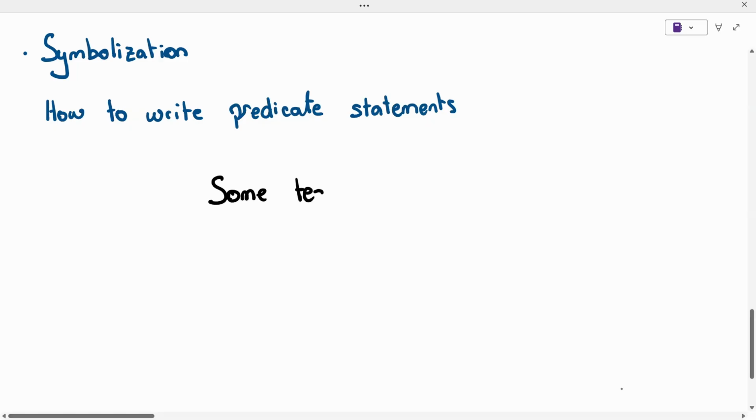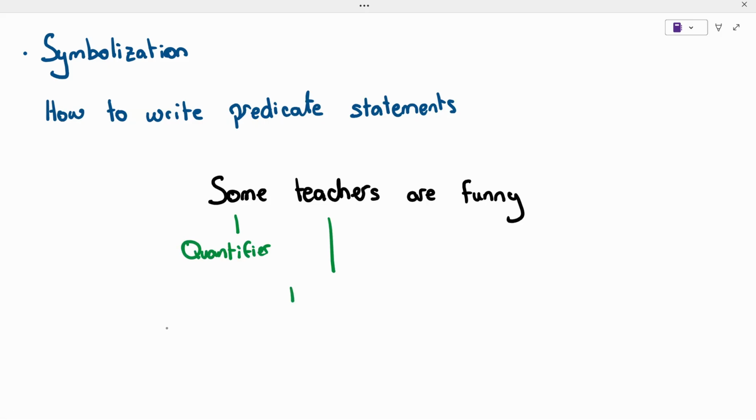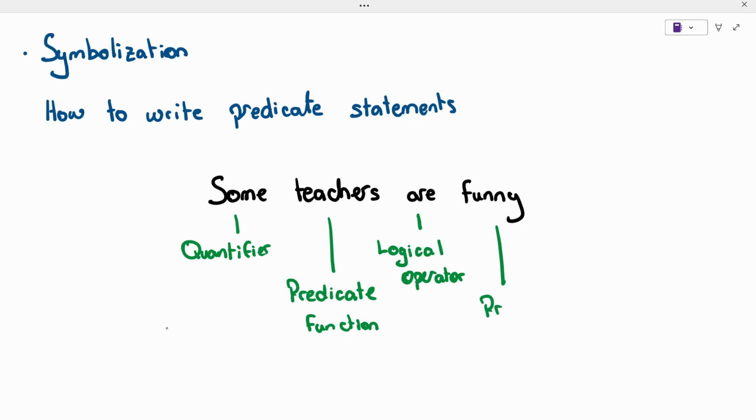Some teachers are funny. This word some here is the word that we need to quantify. Teachers will be represented by one of our predicate functions. And requires a logical operator, and funny is another predicate function. Now I keep using this word function.